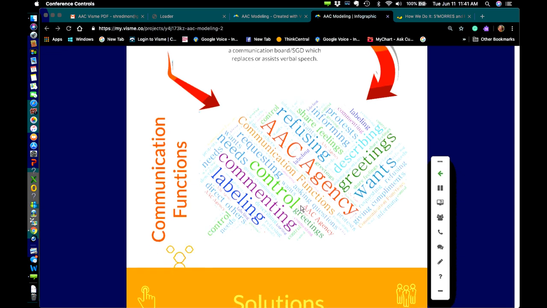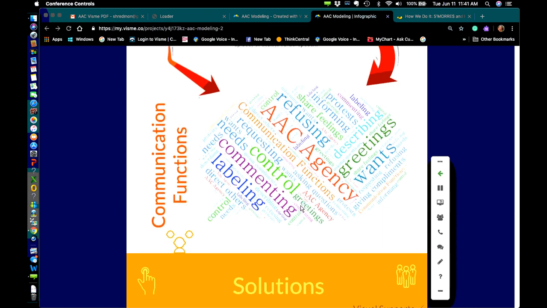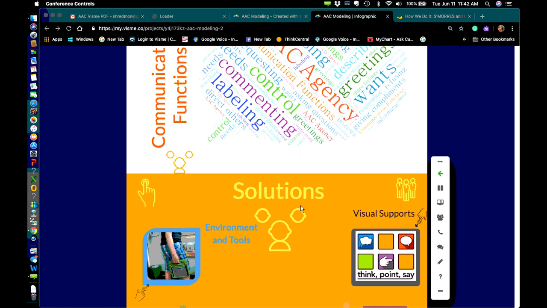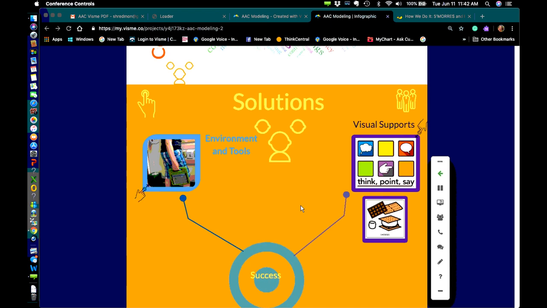So directing others, I love that, but it's giving agency, giving that AAC agency to AAC communicators, honoring your forms of communication. And if you're honoring forms of communication, it means that you're honoring communication functions. And it's really important to have that idea in the back of your mind while you're going through this, and especially while we're going through some solutions.